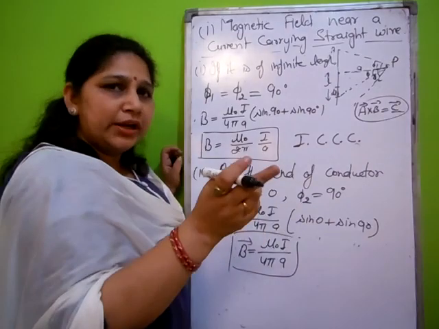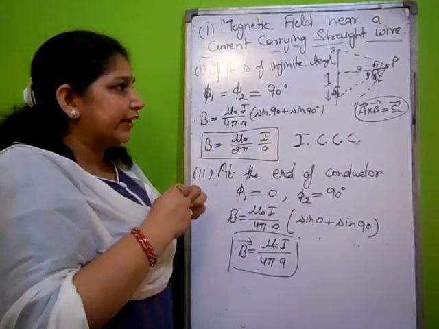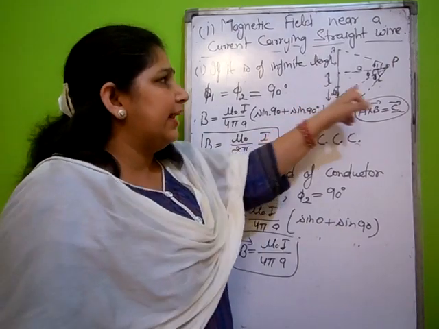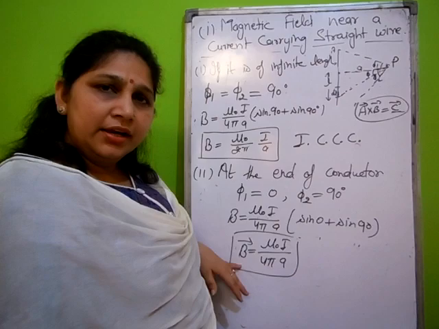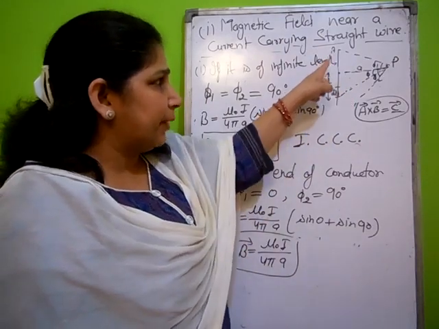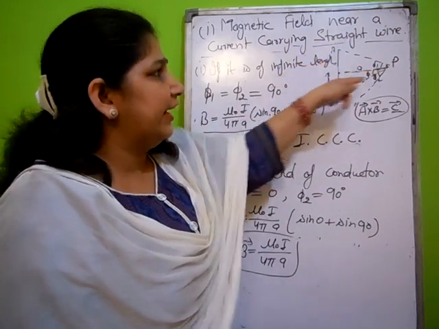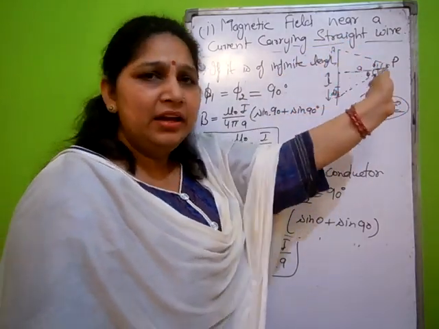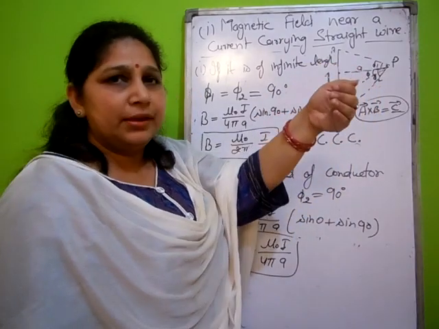The direction is always perpendicular to the AB plane in a cross product. And here we have the resultant of two vectors, L and R, in the direction of B. Then the direction of B will be perpendicular to the plane of L and R. Here we have L and R, and the perpendicular direction will be into the board or outward from the board.